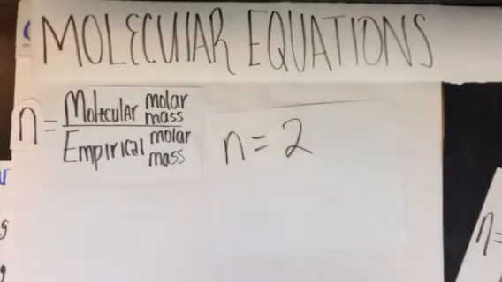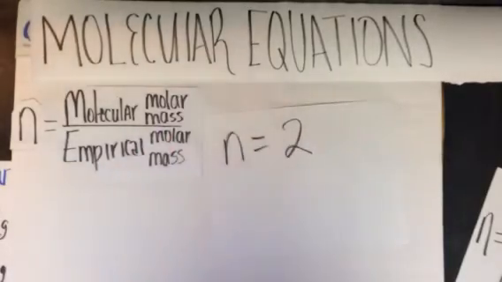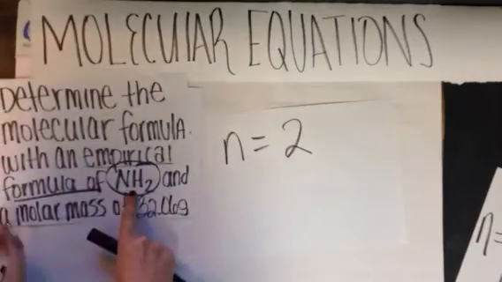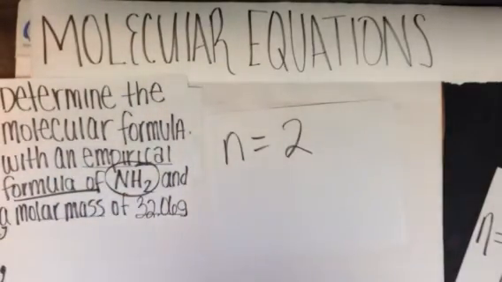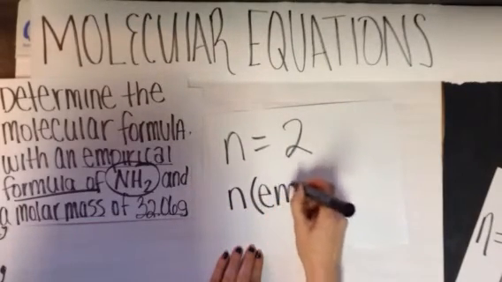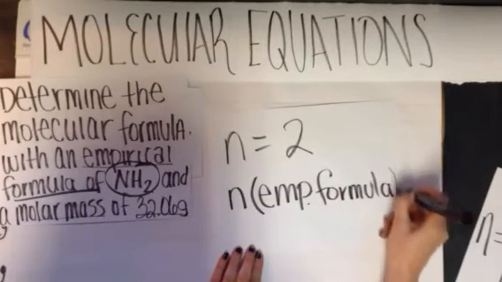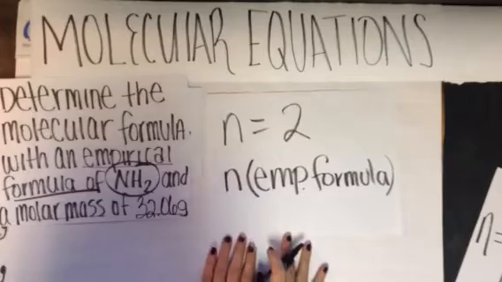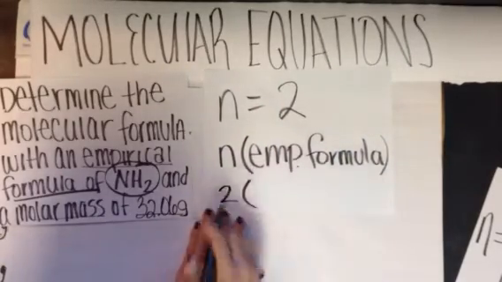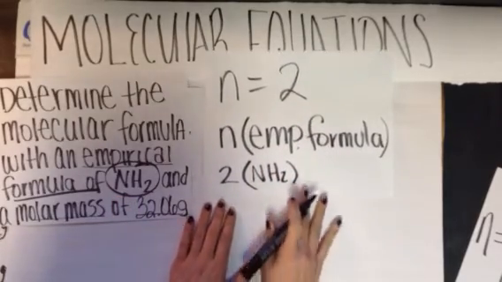This n is called a multiplier. What that means is I now have a number I can multiply against my empirical formula to get my real formula. So n times my empirical formula gets me my molecular formula. Here's what I mean by that. 2 times my empirical formula, NH2.